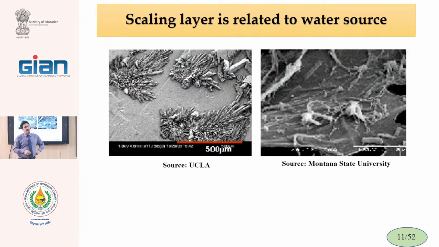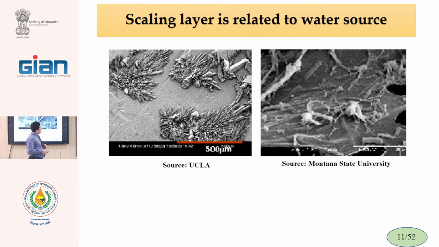The scaling layer can be different from one water to another because the chemistry of water can be different, and also maybe there is organic fouling and microorganism fouling, biofouling, together.